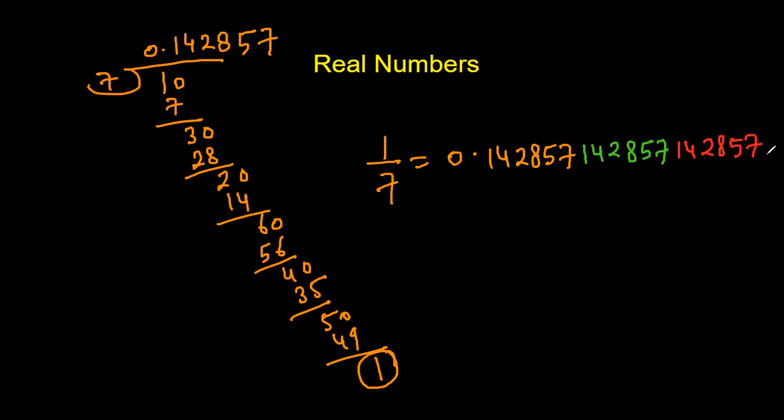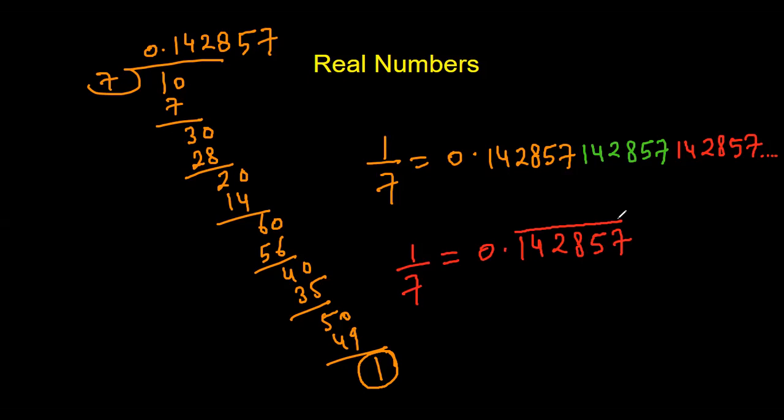Look what is happening here, and this will keep going on forever. So 1 by 7 can be written as 0.142857, and we put a bar over it. That means these 6 digits 142857 will keep repeating, till infinity.